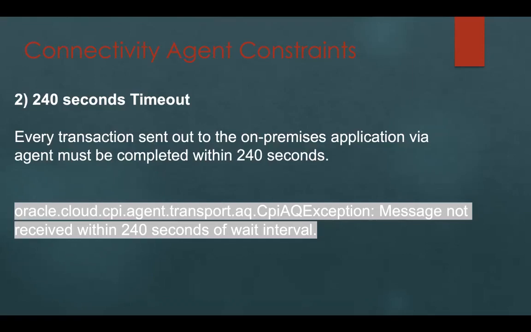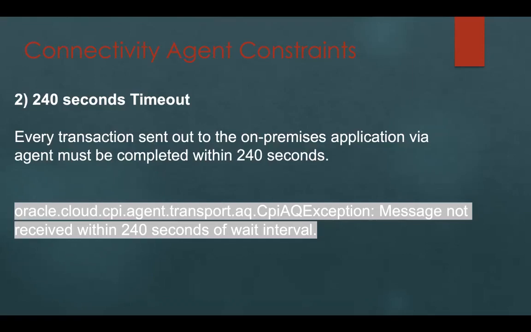And if the complete transaction, sending the request and getting the response, is not completed within the 240 seconds, which is 4 minutes, your OIC will get an error. However, the connectivity agent thread will not be removed. The agent will get the message whether it is received within 1 hour or 2 hours.